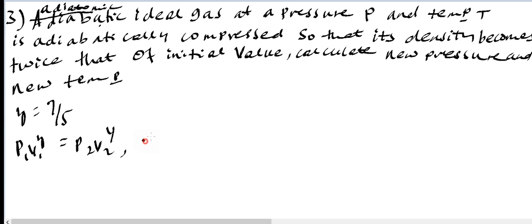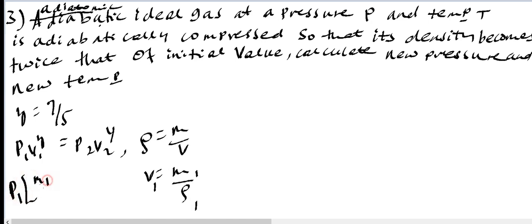Let's say density is m over v, so v is m over density. Calling this density 1 with mass 1, we substitute: P1 into m1 over density 1 to the power of gamma equals P2 into m2 over density 2 to the power of gamma.